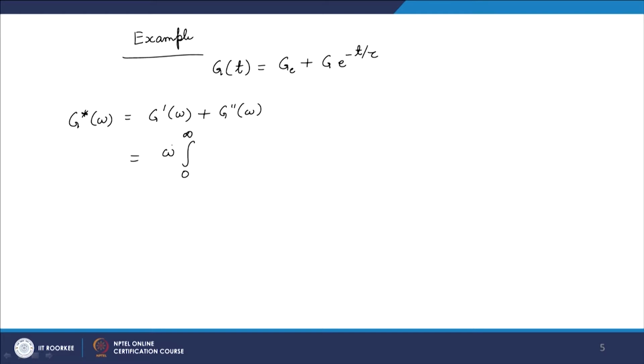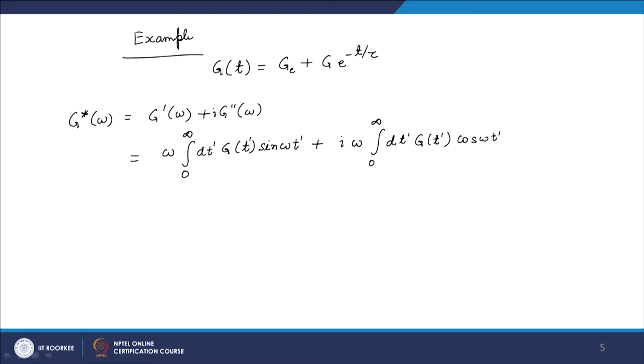and this by the definitions we have done, G prime omega is omega integral of 0 to infinity dt G t sin omega t, and this has to be, so we can keep a dummy variable here, and this has to be summed with G double prime with an I. So, we have I omega integral 0 to infinity dt prime G t prime cos omega t prime.